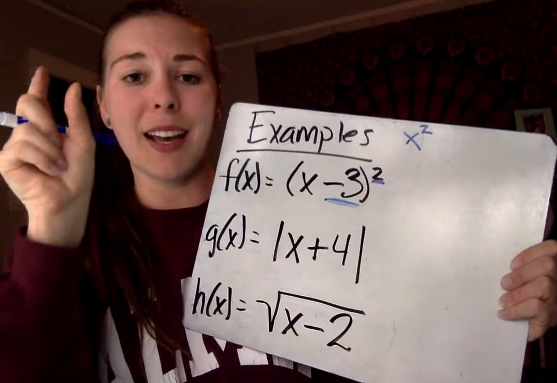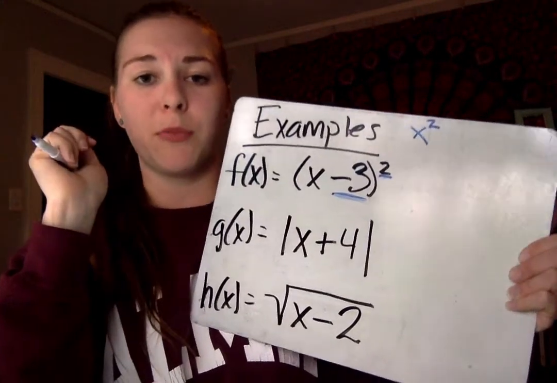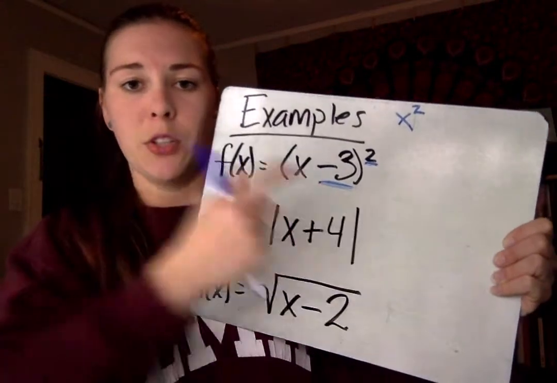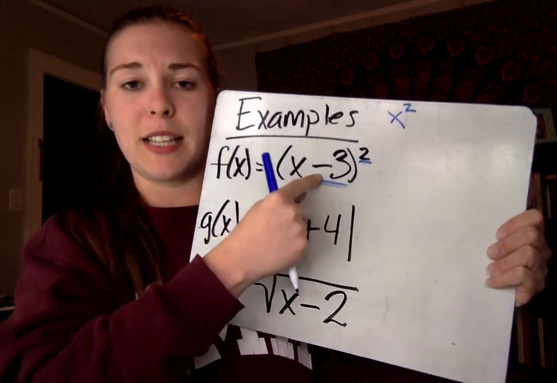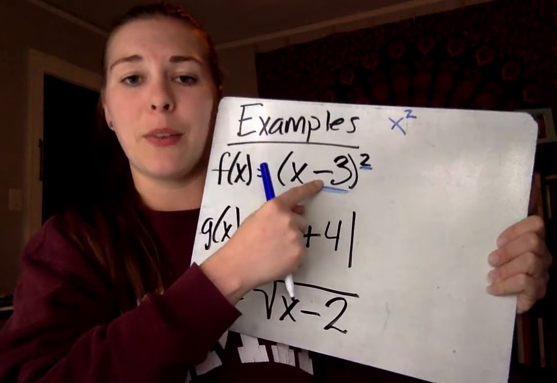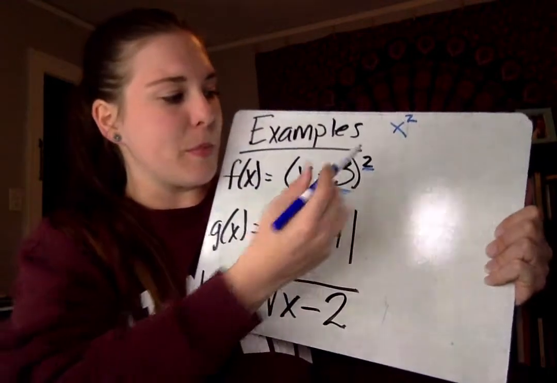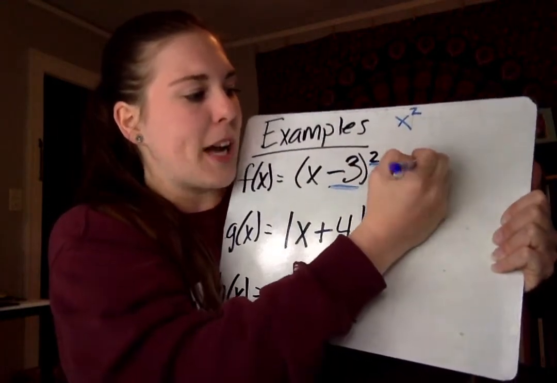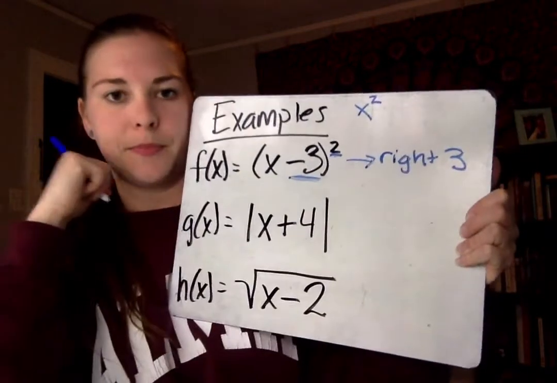It being inside the function, that's a dead giveaway that we're talking about left or right movement, or horizontal shifting. We need to decide which way. Remember, left or right is a little backwards. So since this is minus, this means we're actually moving right 3.